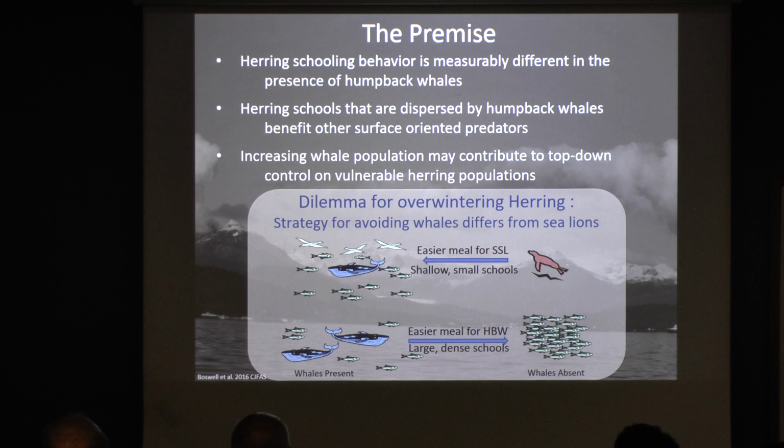So here's the situation. In wintertime, Pacific herring move into the inland waters, the fjords. They move in there to prepare for spawning. So they're going into these relatively quiescent areas. It's energetically favorable, presumably, and they're there to provision for spawning, which occurs in early spring.